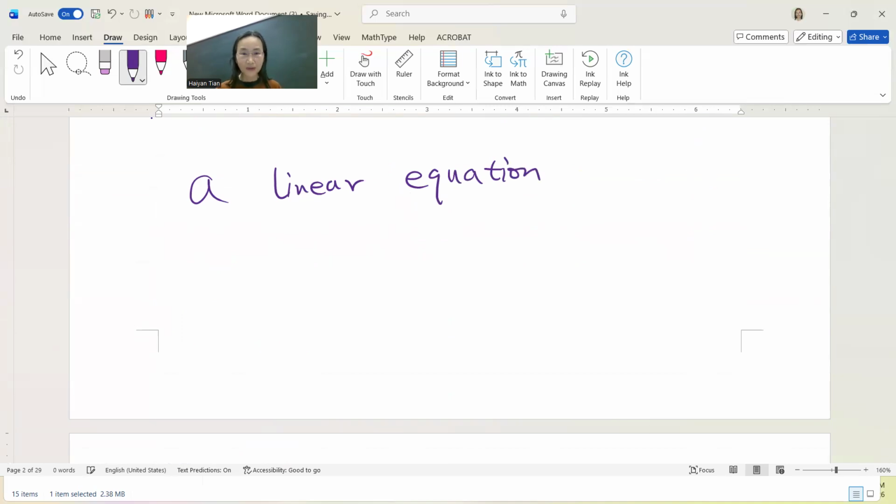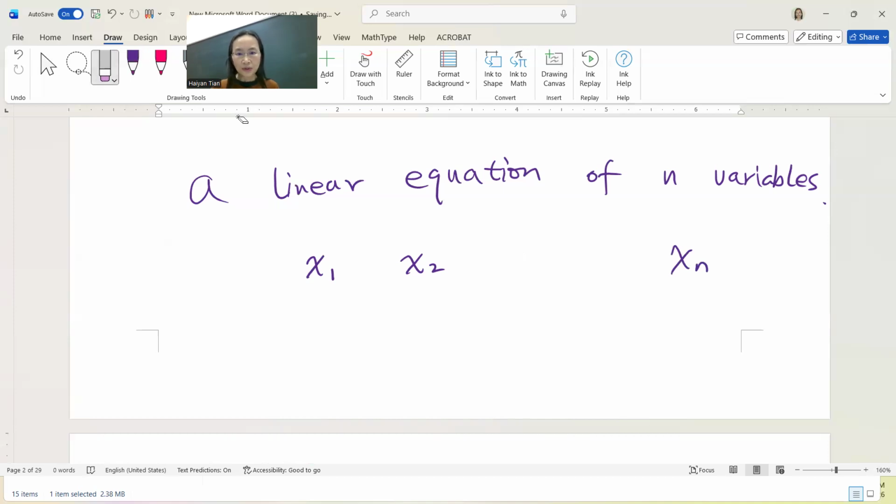That means n can be 3, that means a linear equation of 3 variables. n can be 2, right? So of n variables. So let me write first x1, x2, x3, etc. So I want to list all these n variables.